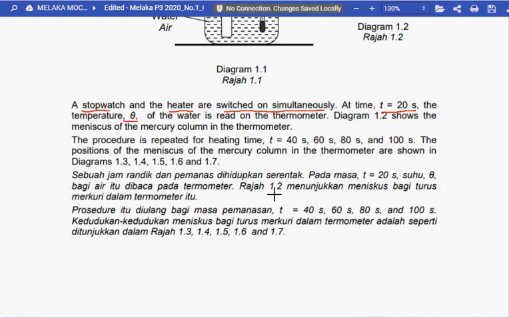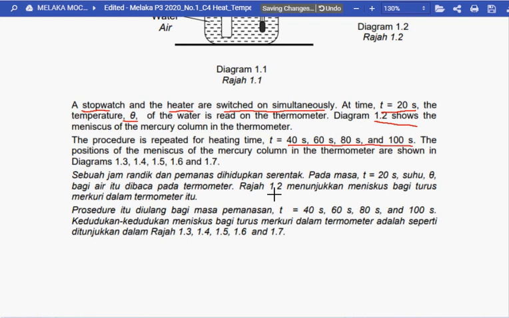Diagram 1.2 shows the meniscus of the mercury column in the thermometer. Then the procedure is repeated for the heating time t, 40 seconds, 60 seconds, 80 seconds, and 100 seconds.